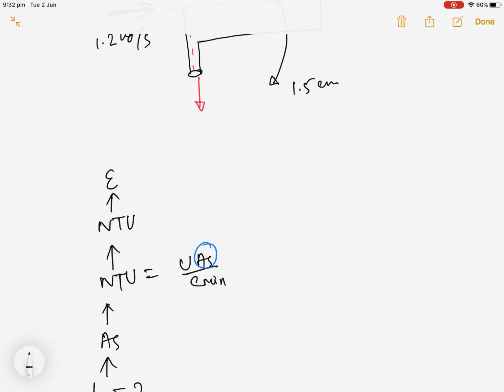So we need the NTU value, the NTU expression. And to get the NTU, you saw there, we actually need the value of effectiveness epsilon, and effectiveness is eventually Q over Q max, the formula. So you need to calculate the rate of heat transfer, and the maximum possible heat transfer as well.